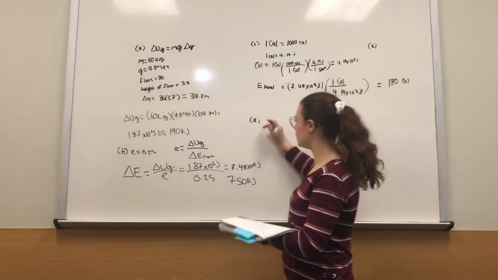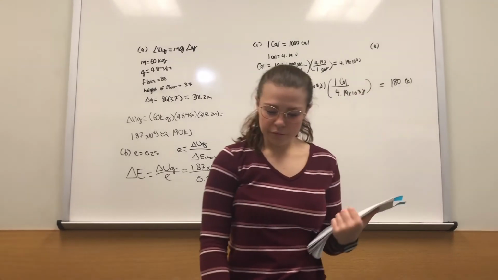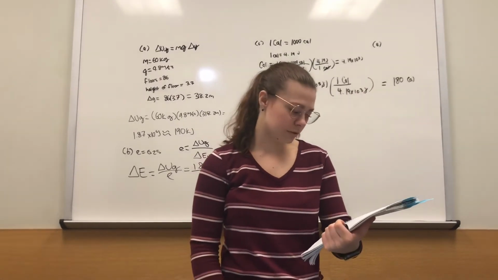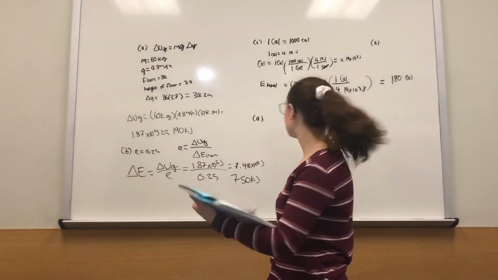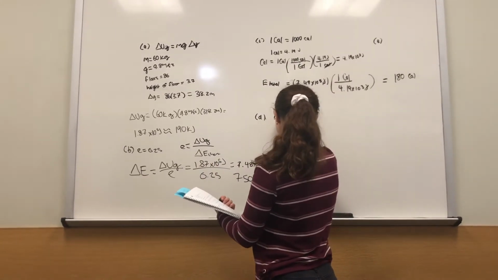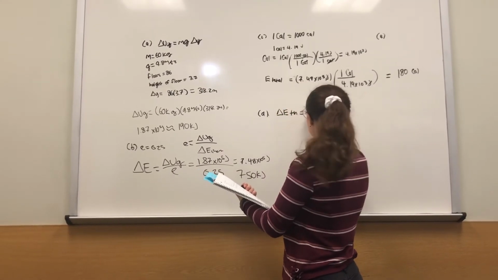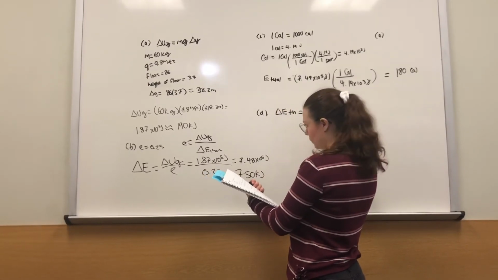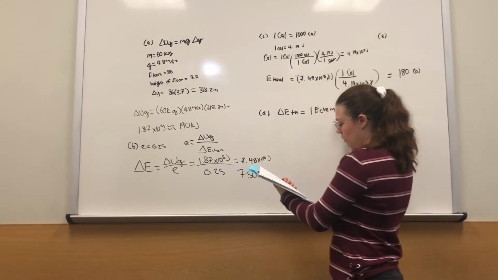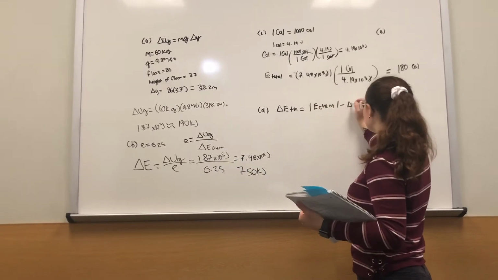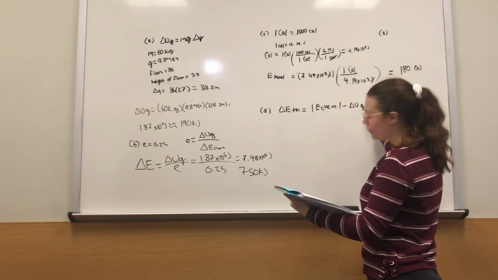And then part D reads, of those calories, how many were converted to thermal energy? So our change in thermal energy, delta E thermal, is the absolute value of E chem, which we used in part B, subtracting the gravitational potential energy.